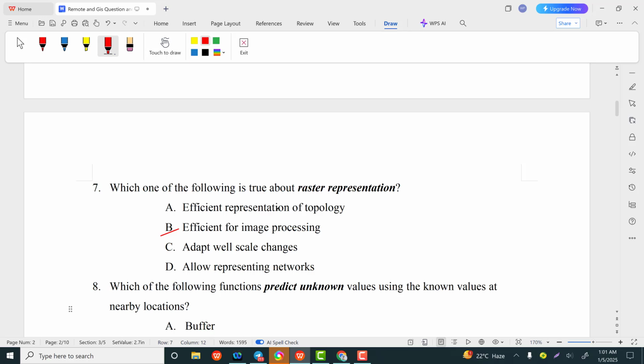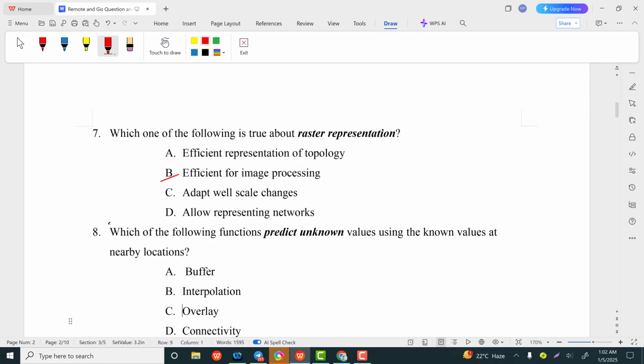Efficient representation of topology is the main characteristic of vector data instead of raster data. Effectiveness for image processing is the main characteristic of raster data. Scale is related to vector instead of raster. Raster has resolution. Network analysis is mainly computed with the help of vector data. So the answer is B.